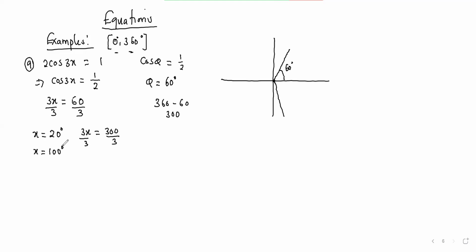But the space is still very big. We can also opt to go for the coterminal angle. Now, if we went round to the coterminal angle, then the first coterminal for 60, you add 360 to 60. This is going to be 420. So you say, okay, 3x is also equal to 420.